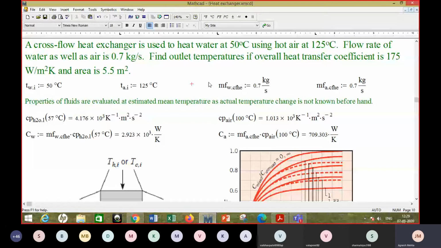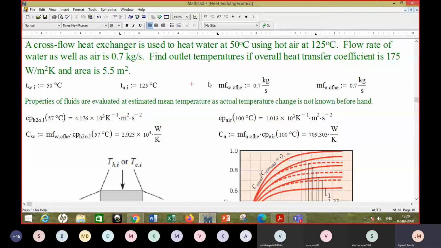So here water inlet temperature is 50 degrees Celsius, and air inlet temperature, so this may be kind of, let's say, your hot gases or the exhaust gases in some case. Let's say you are running a heat engine and the hot air or exhaust gases are available at 125.